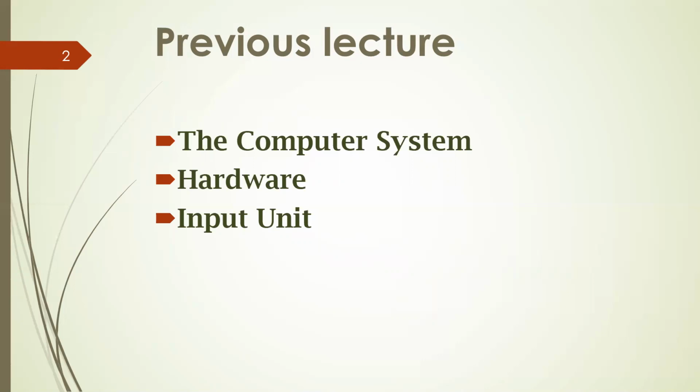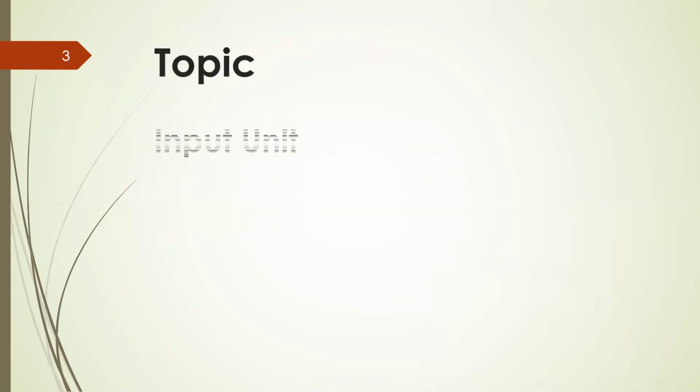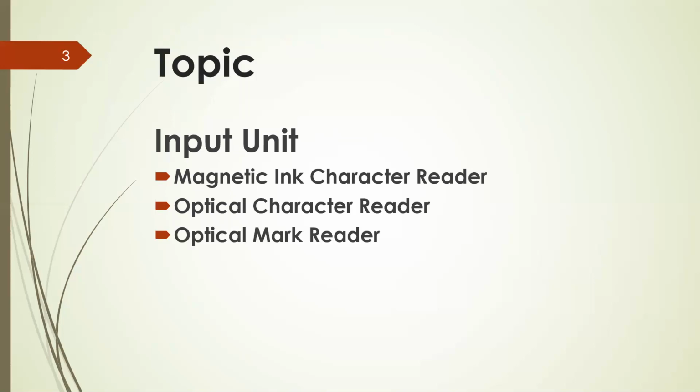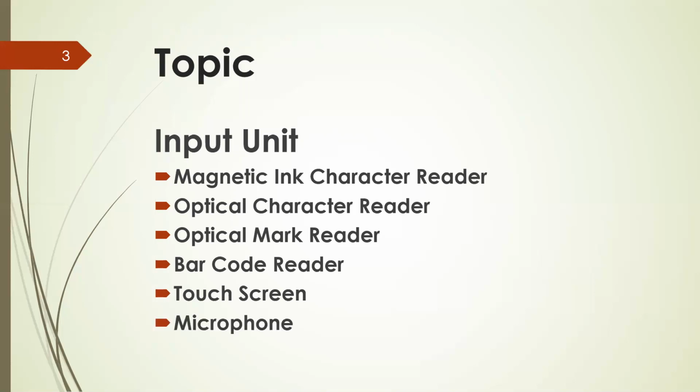And from the same input unit, today we are going to discuss magnetic ink character reader, in short MICR, optical character reader, OCR, optical mark reader, OMR, barcode reader, and touchscreen. And with that, one more: microphone. These topics we are going to discuss today.